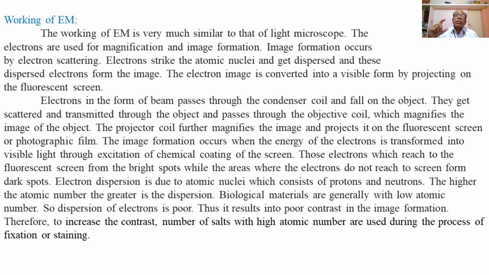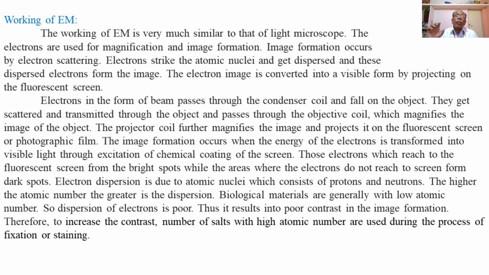The electron image is converted into a visible form by projecting it on the fluorescent screen of the electron microscope.